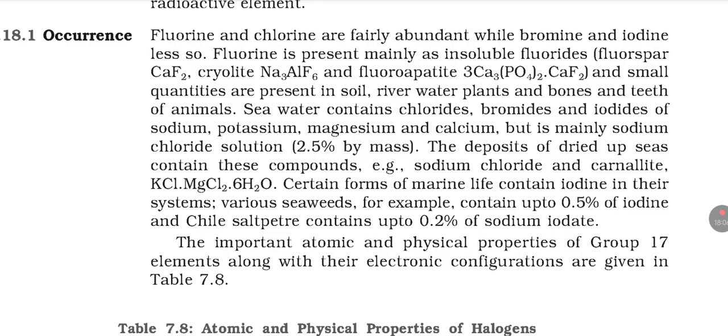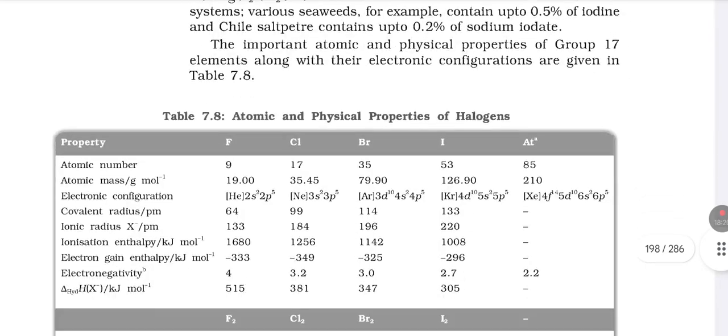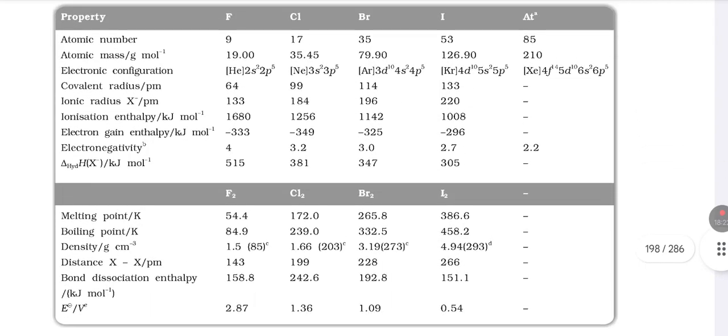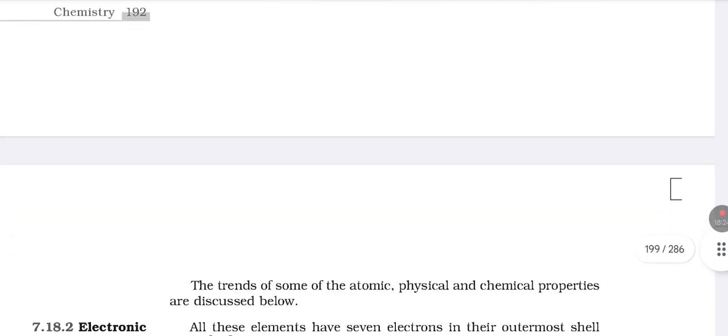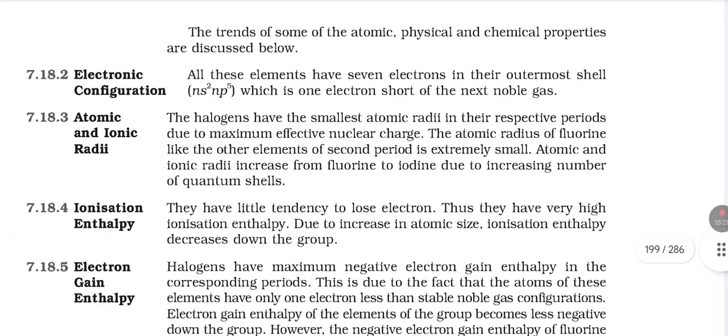The deposits of dried up seas contain these compounds. Certain forms of marine life contain iodine in their system. Various seaweeds. The trend of some of the atomic, physical and chemical properties.